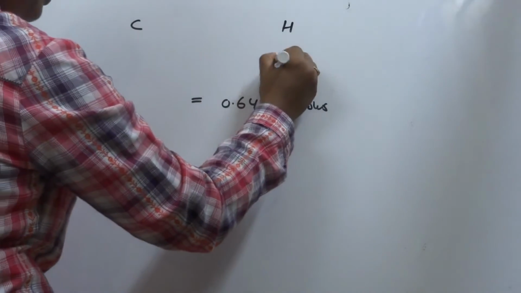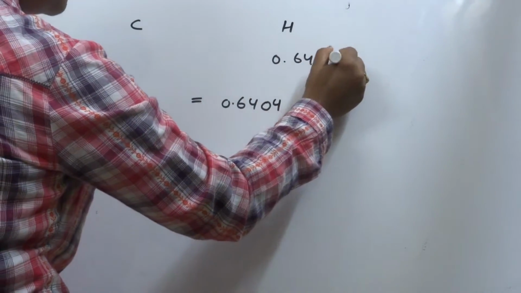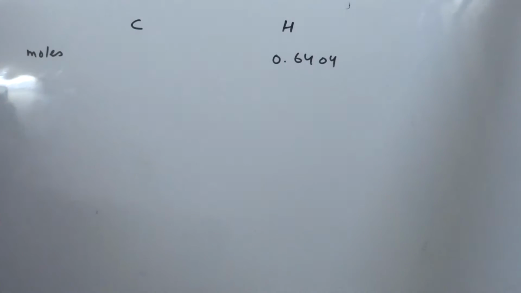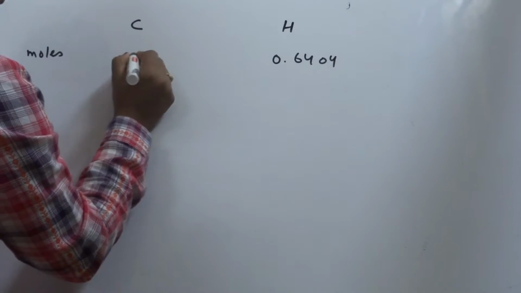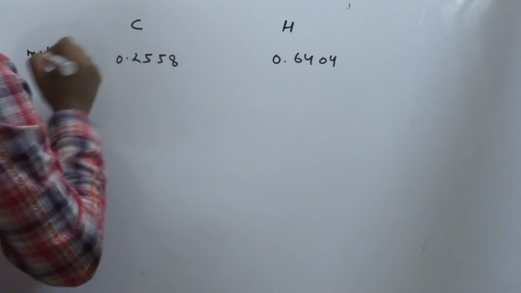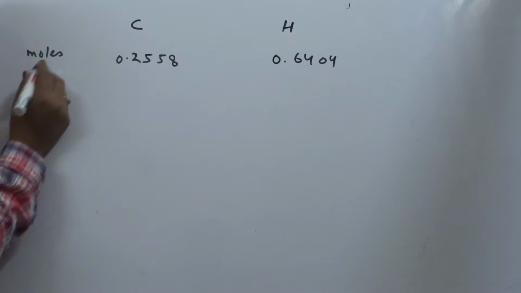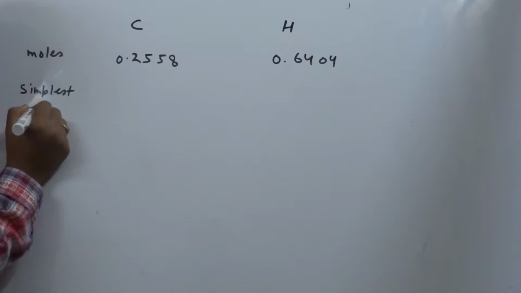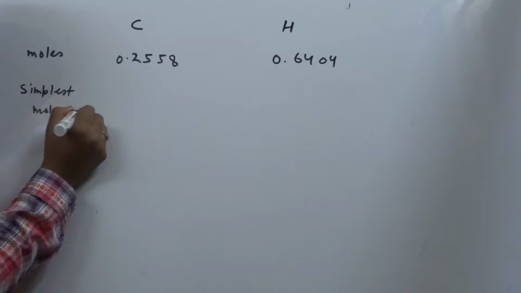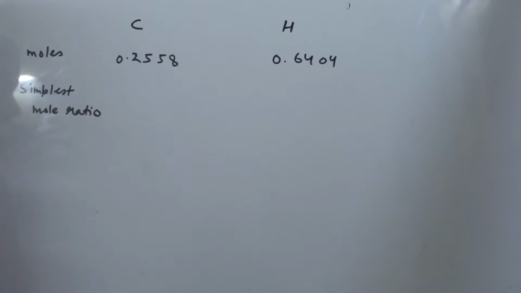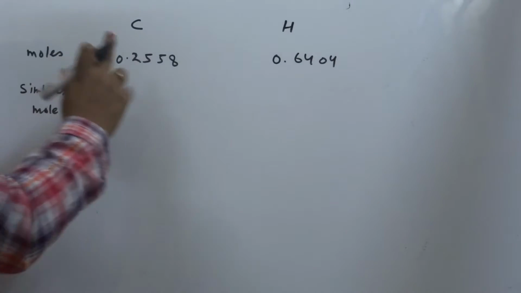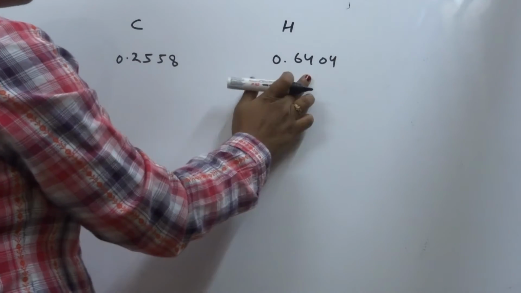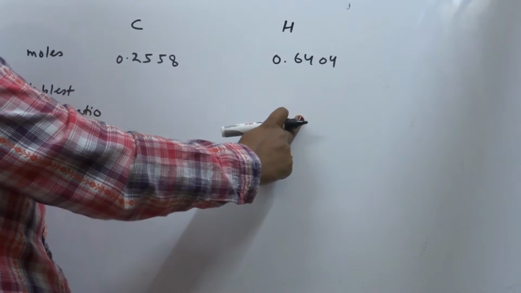So for hydrogen I am having 0.6404 moles, and for carbon I am having 0.2558 moles. To get the simplest mole ratio, I have to divide the number of moles with the least number of moles available.